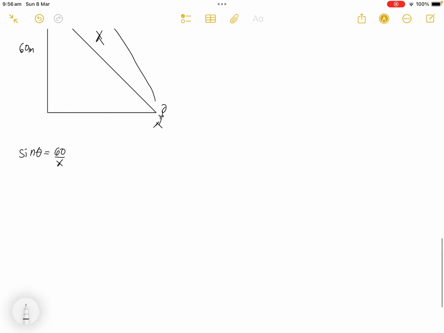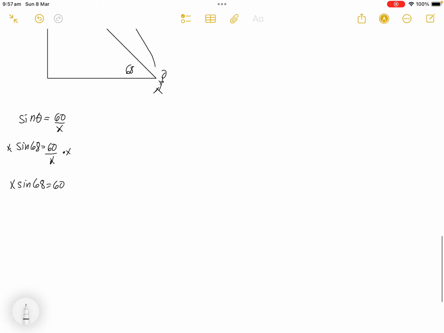Let's say the first angle of view is 68 degrees. So sine of 68 equals 60 over x. Now we're going to multiply both sides by x, and we're left with this beautiful looking equation.